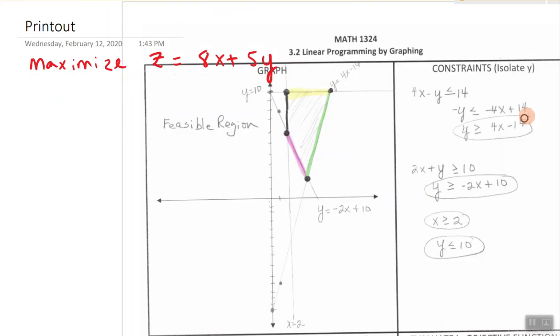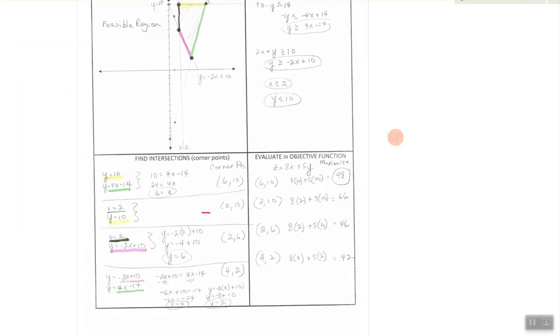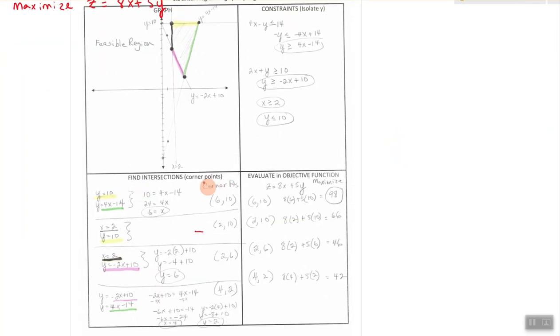All right, so now that I've got that, I want to figure out these 4 points that bound that region. And I color-coded those for a reason. So if I make this smaller again, then finding the intersections, this is where you'll do that work. So I took each set of 2 lines.